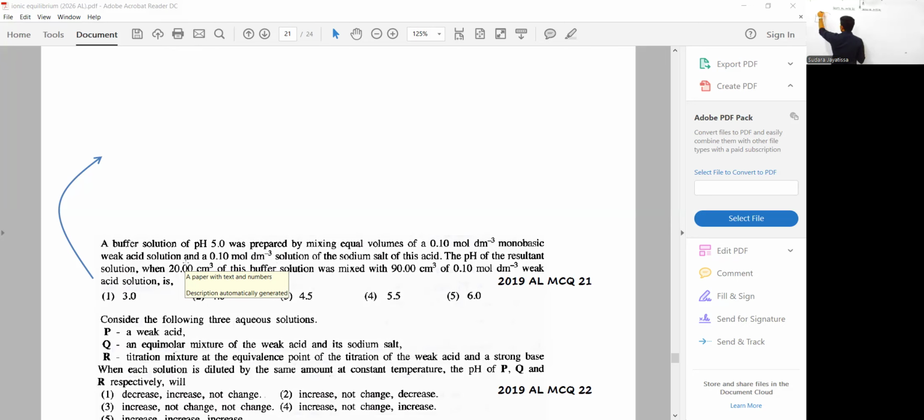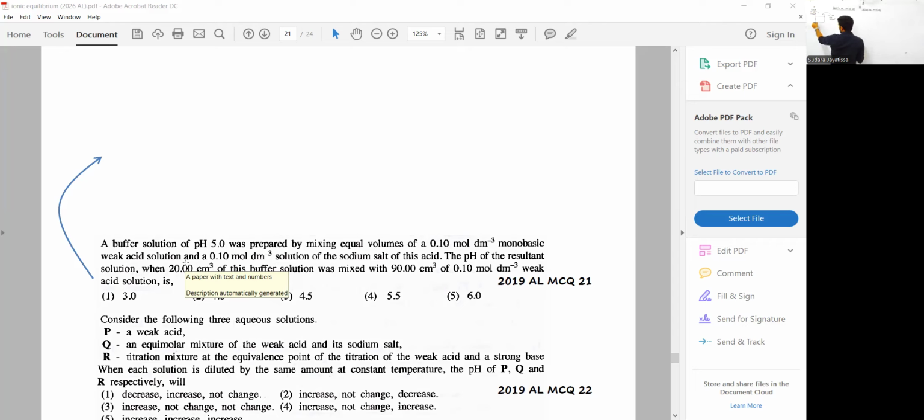To make this buffer, they have added two things: 0.1 N HA, let's say V cm cube, and equal volume of NaA, or A minus, in the same concentration, V cm cube.